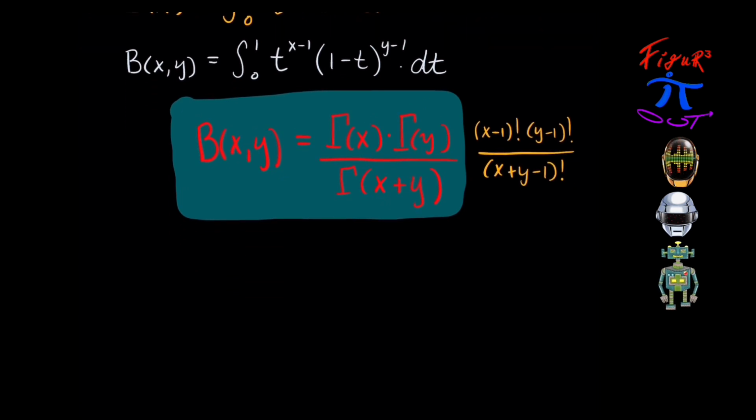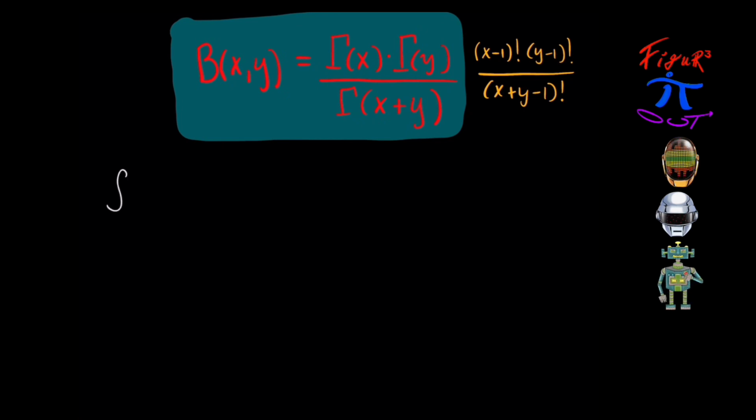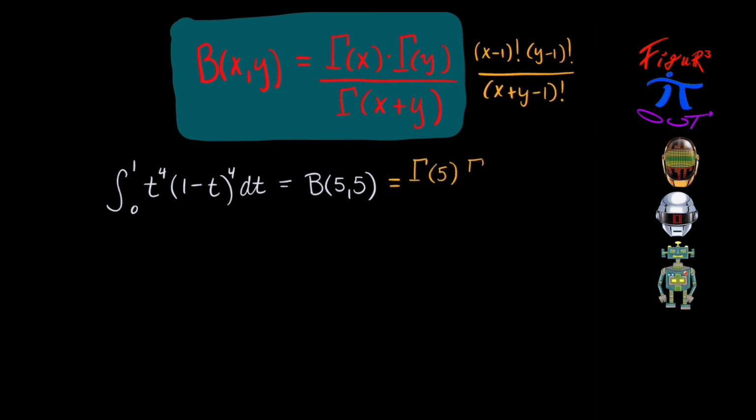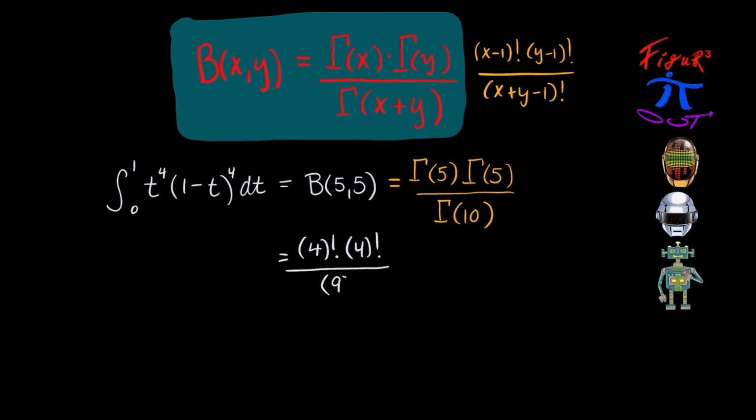And the gamma function can be written in terms of its factorial notation. So here, let's reevaluate the problem we did earlier, the integral from 0 to 1 of t to the fourth times 1 minus t raised to the fourth dt, which is beta of 5, 5. But now we're going to use the gamma function to evaluate it, and gamma of 5 would be 4 factorial, where gamma of 10 would be 9 factorial.